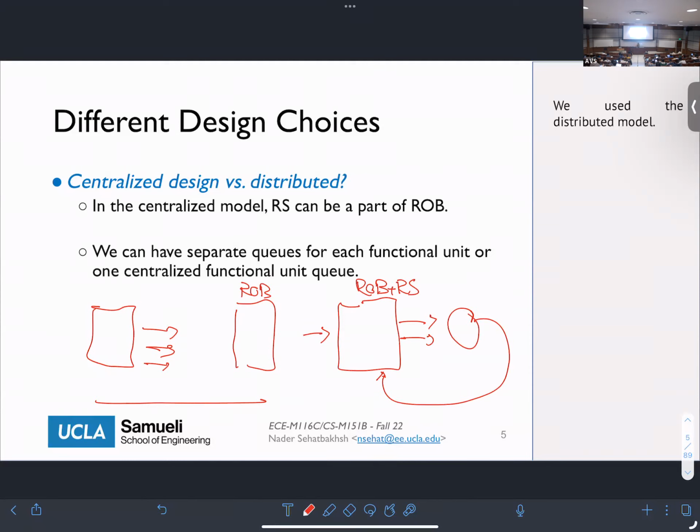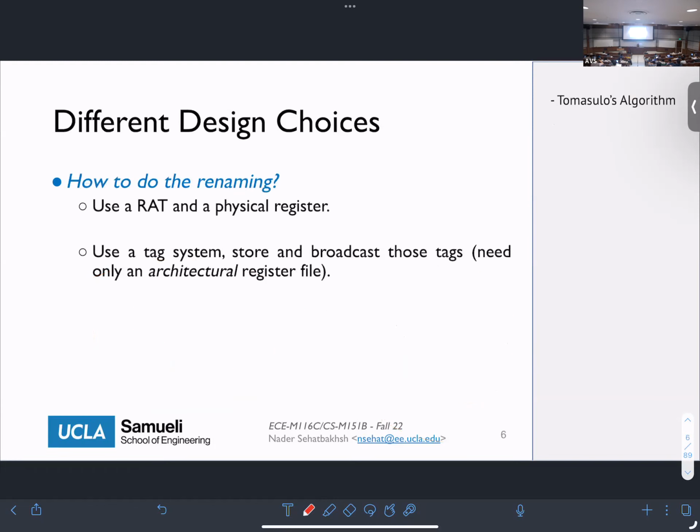The queues are unified, and you might save lots of space. But on the other hand, the complexity of designing that becomes more challenging. What we discussed in the class was the separate design, but keep in mind that this is also very common and widely used in different microarchitectures.